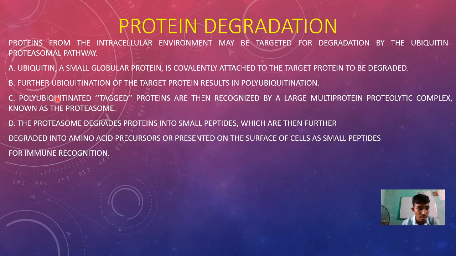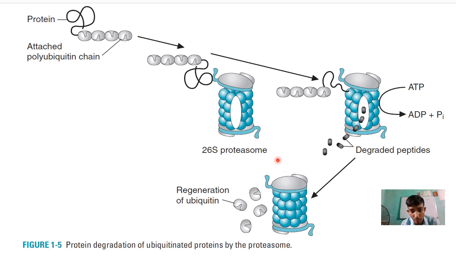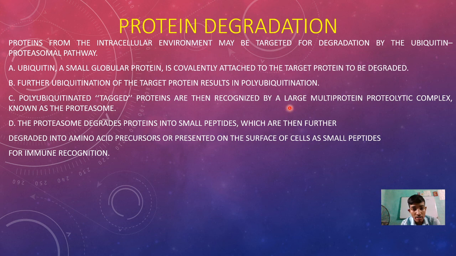Next, the protein is sent to the proteolytic complex that is called the proteasome. This complex degrades the protein into small peptides, which can then be further degraded into amino acid precursors or presented on the surfaces of cells as small peptides for immune recognition.